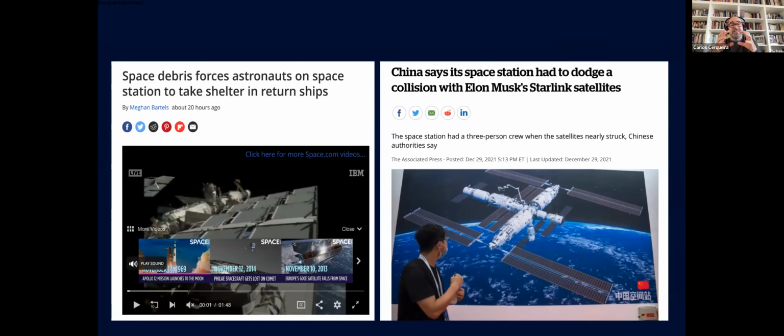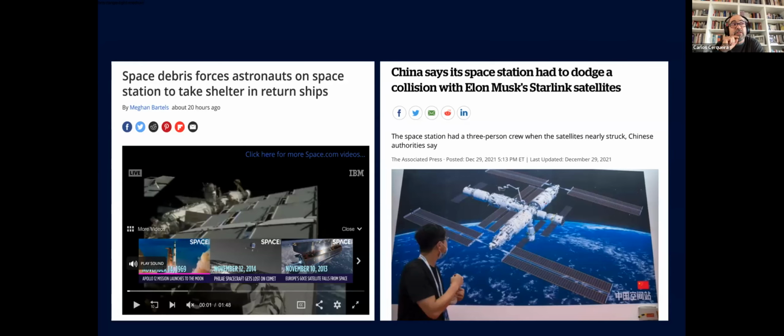Space debris is actually trash that goes around the Earth, traveling at around 25,000 kilometers per hour. So even a piece of this size, if it hits the station, will really blow the whole thing. And they were forced to look for shelter.